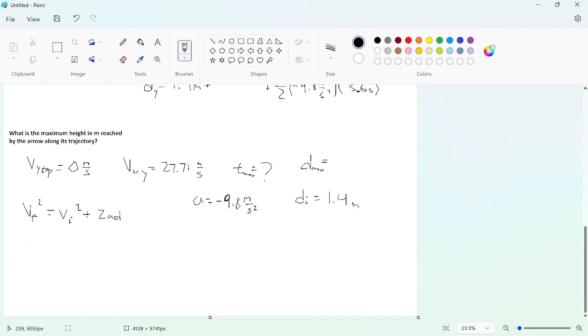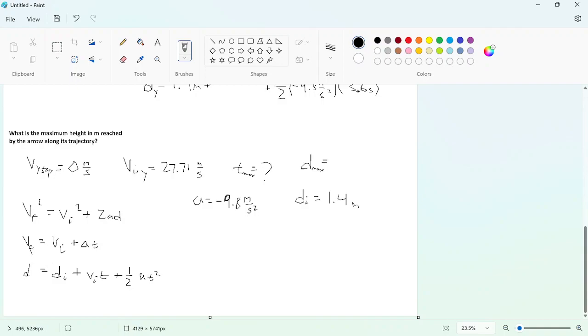Its velocity final is going to be equal to its velocity initial plus acceleration times time, and its final position is going to be equal to its initial position plus its initial velocity times time plus 1/2 acceleration times time squared.